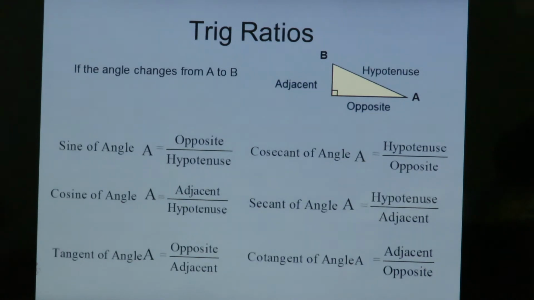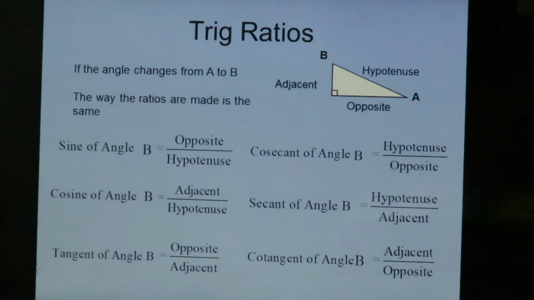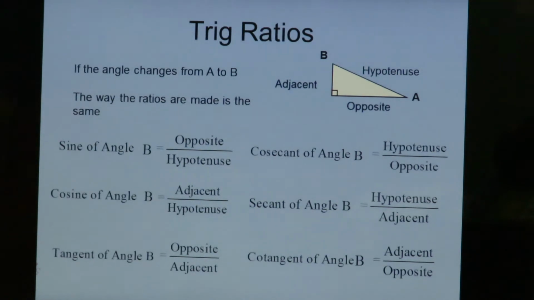If the angle changes from A to B, the sine, cosine, tangent, cosecant, secant and cotangent of angle A will change to the ratios of angle B. That is opposite by hypotenuse, adjacent by hypotenuse, opposite by adjacent, hypotenuse by opposite, hypotenuse by adjacent, adjacent by opposite.